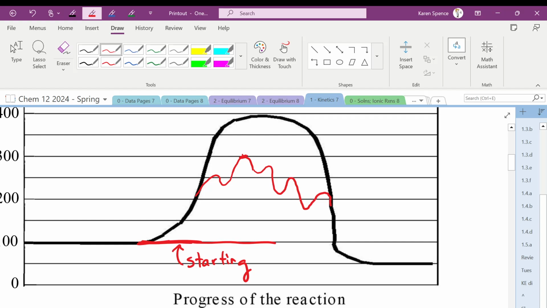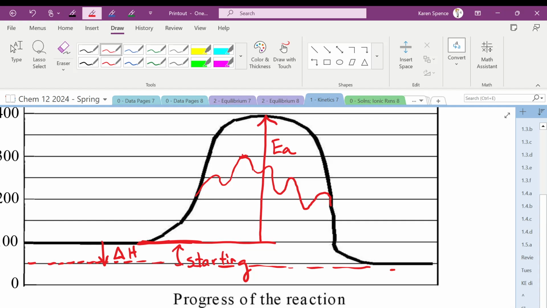How far do I need to go up to get to the activated complex? I need to go up this much. Okay, so that's our activation energy. And just making sure products are here. And so that would be delta H. Yeah, and it would be negative.